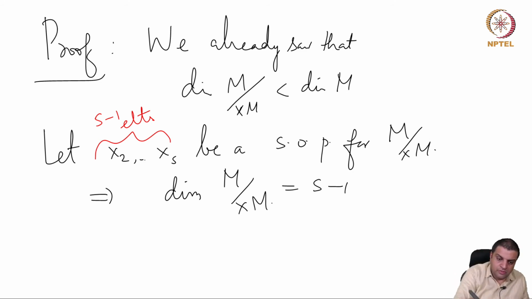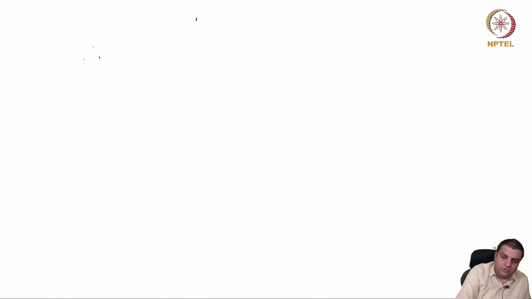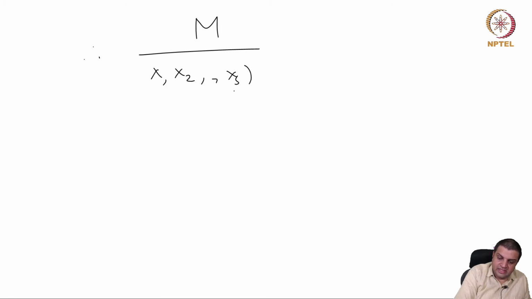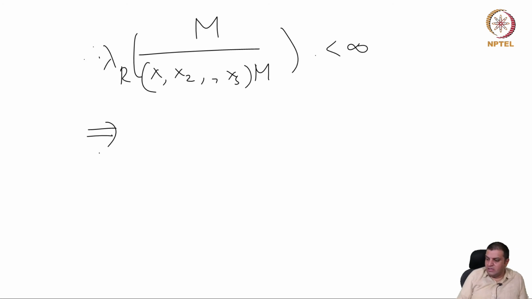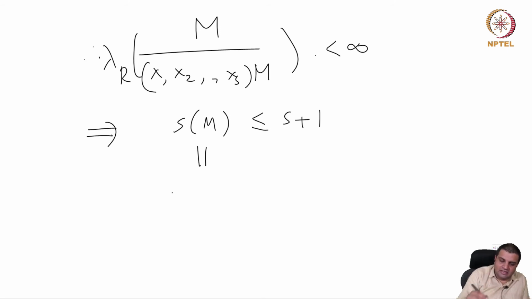Now, therefore, M mod x2 through xs M has finite length over R, which implies that S of M is less than or equal to S plus 1.